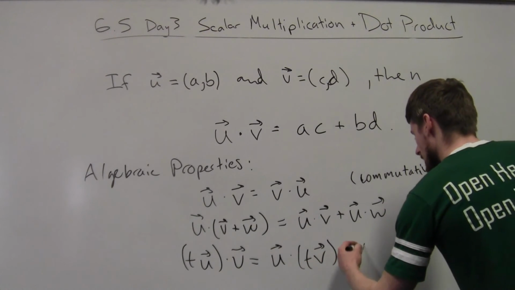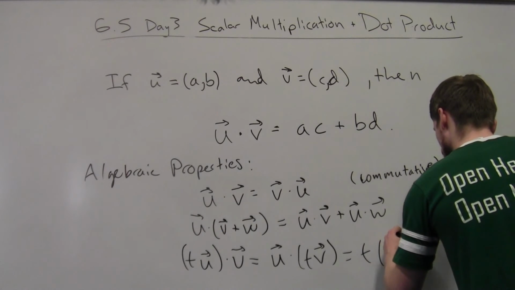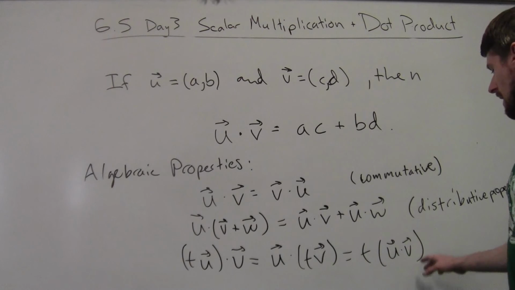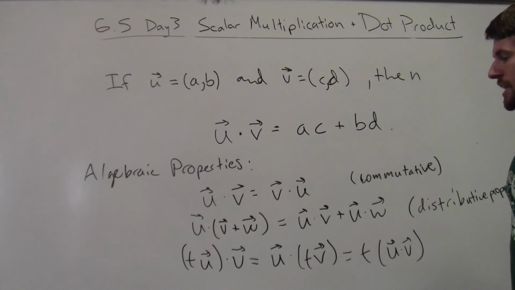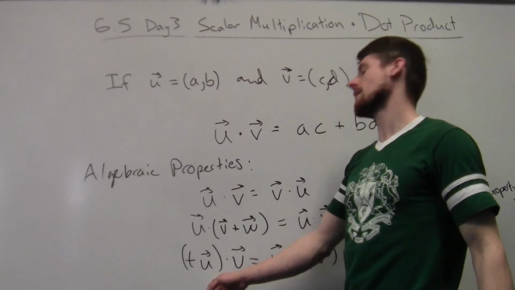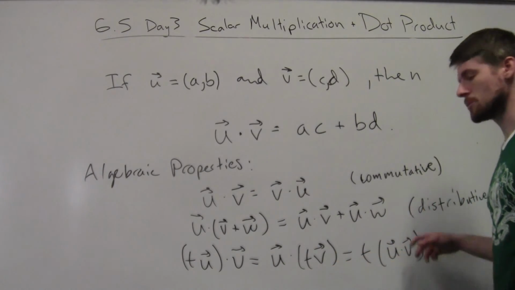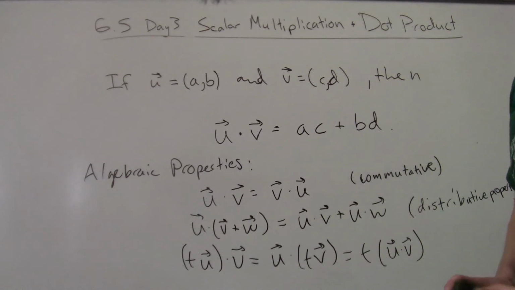And it's also the same as t times u dot v. And this is almost like the associative property. It doesn't really matter what order the multiplication happens in. You can do the scalar multiple on the initial vector, or you can do the scalar multiple on the second vector, or you can do the scalar multiple after you take the dot product. You can just multiply the result.